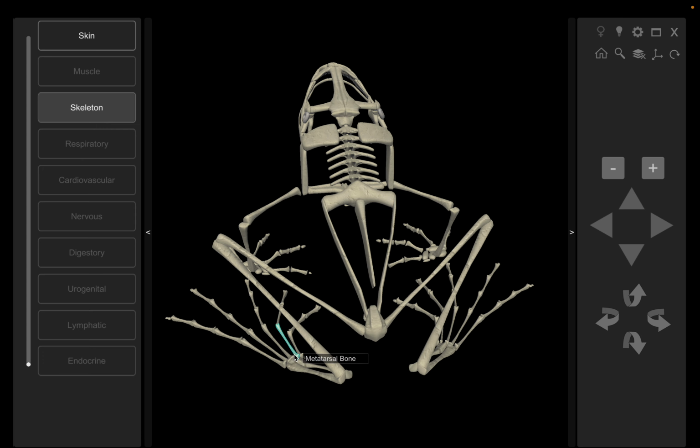Then we have our metatarsal bones and our phalanges, here on the toes of the hind limb.